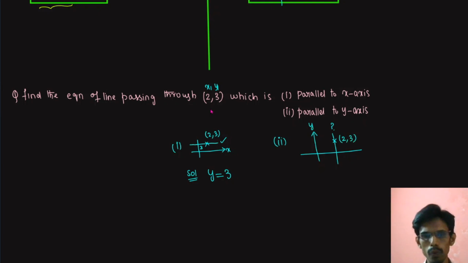This line is at a distance of 2 units from the y-axis. So the equation will be x equal to 2. x equal to 2 will be the equation of the line parallel to the y-axis. Take the reverse: if it says x-axis, take the y coordinate. If it says y-axis, take the x coordinate.